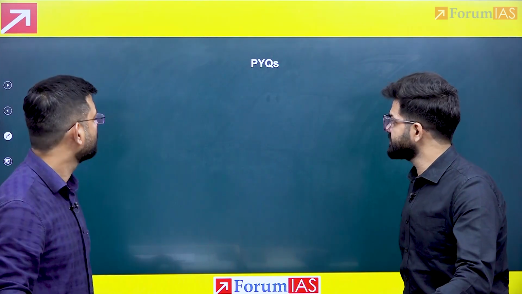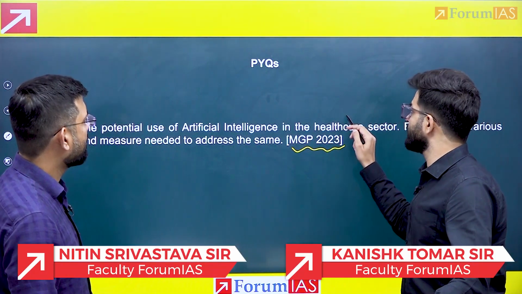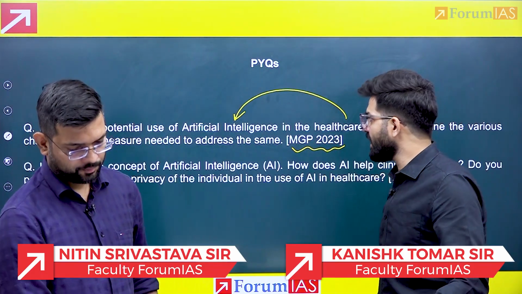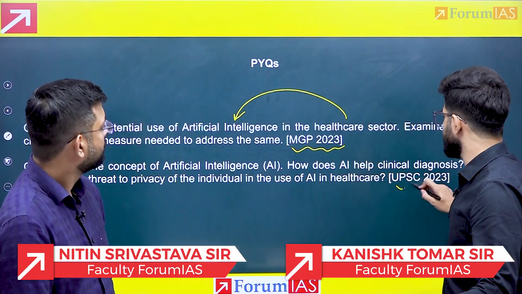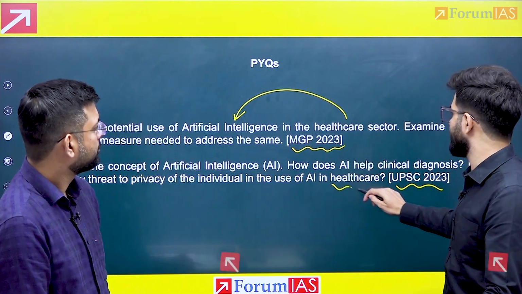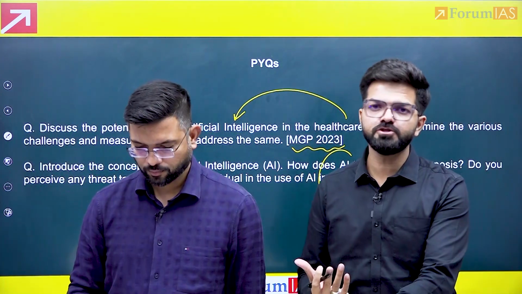Next up is a question from 2023. We talked about healthcare linked to AI. Again, AI can be linked to anything. And UPSC also in the same year talked about AI and tried to link it to healthcare again. So again, these are probable questions which can be predicted, so to say.